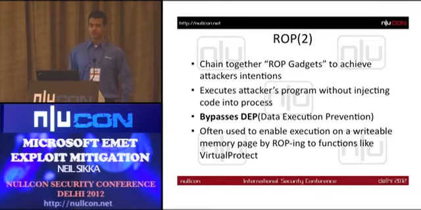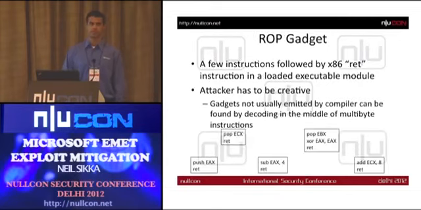ROP is a very commonly used technique because it bypasses DEP, which is data execution prevention, one of the mitigations that we introduced, because it technically does not execute read-only pages, but it's able to put the control data there. And also, oftentimes ROP is used to ROP to functions like VirtualProtect, which basically sets page permissions.